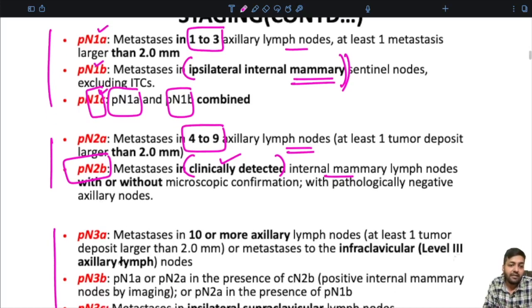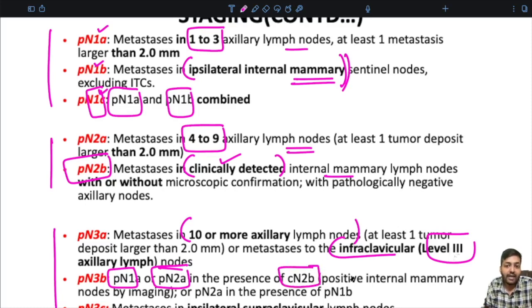Then we are having 3a, 3b, 3c. 3a is metastasis in 10 or more axillary lymph nodes, at least one tumor deposit larger than 2 millimeter, or metastasis to the infraclavicular group of lymph nodes, that is the level 3 axillary lymph nodes. Okay, what is 3b? 3b is nothing but pN1a or pN2a in presence of cN2b, that is positive internal mammary nodes by imaging.